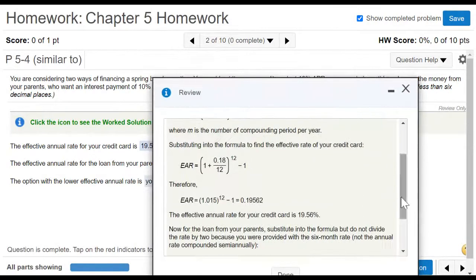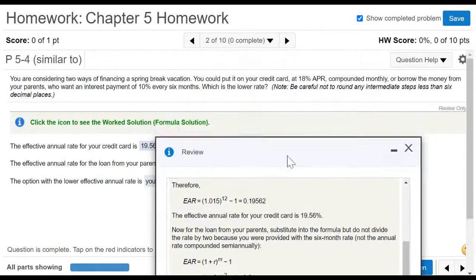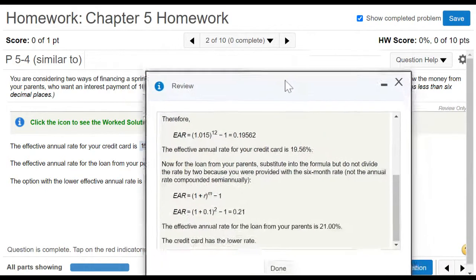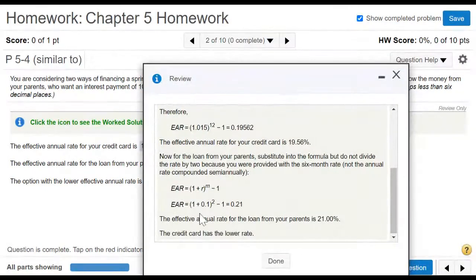The second part is they are giving us the interest rate. So all we have to do is do it for semi-annual, which is every 6 months. So the exponent is 2.